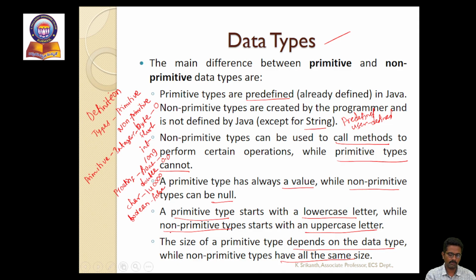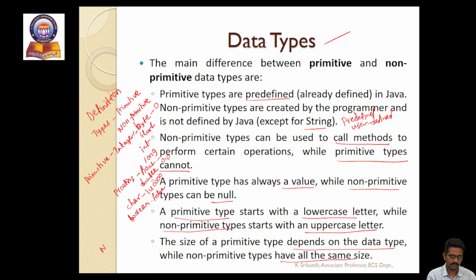We also came to know the sizes of different primitive data types. For byte, we need 1 byte of memory space, short 2 bytes, int 4 bytes, long 8 bytes, float 4 bytes, double 8 bytes, char 2 bytes, and it supports the Unicode character set, and boolean needs 1 bit of space, that is to store 1 or 0.